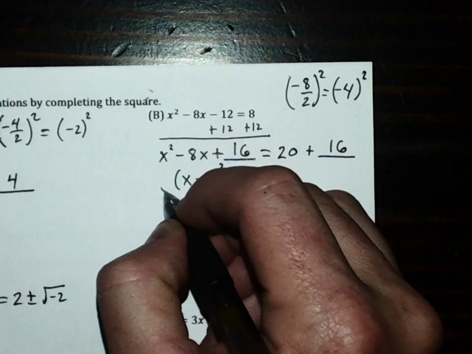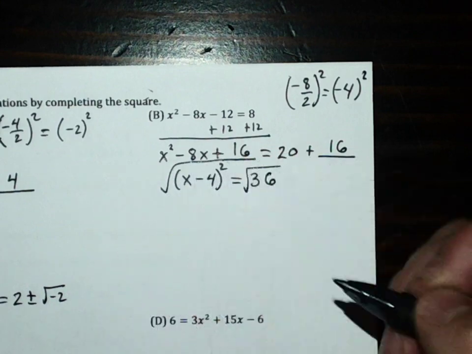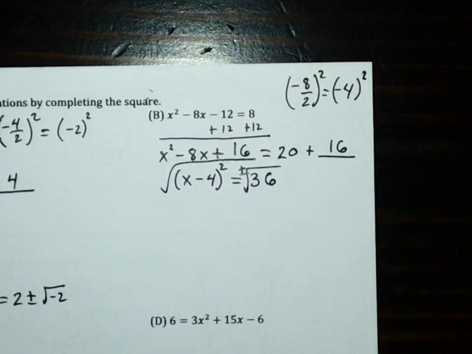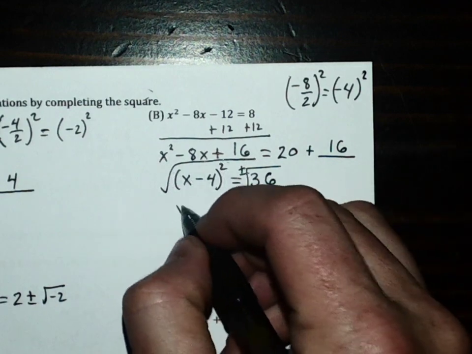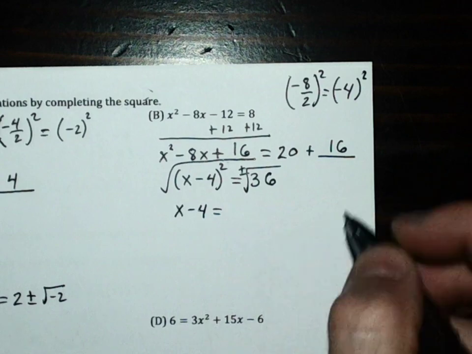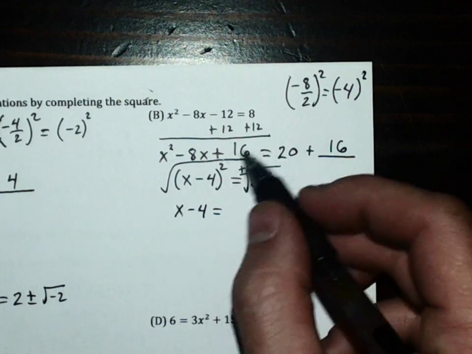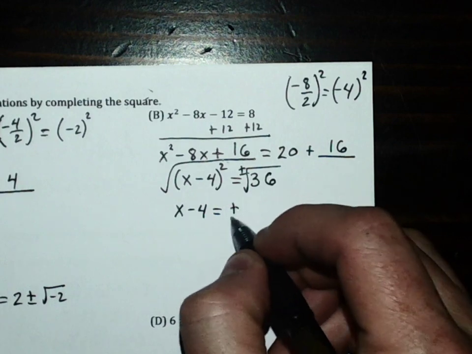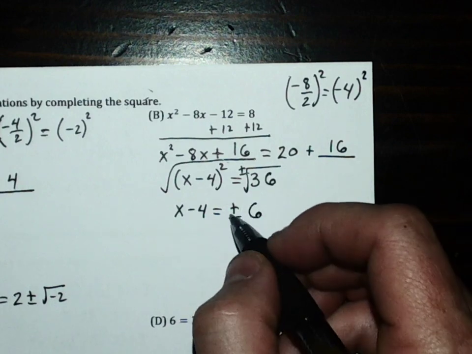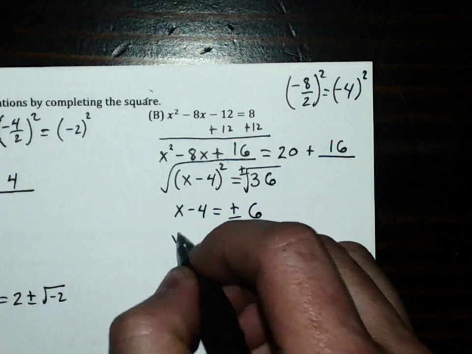Finish this by taking the square root. Don't forget your plus and your minus. The square root cancels out the square, leaving us with just x minus 4. But wait, this is a perfect square over here. We have the square root of 36. The square root of 36 is 6, with a plus and minus in front of it. So I have two answers.